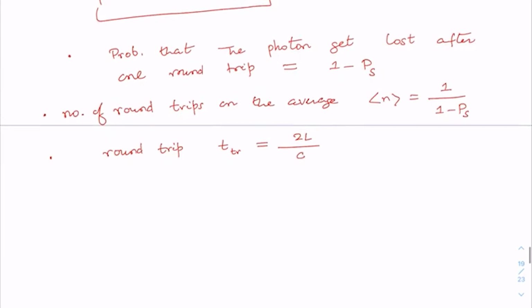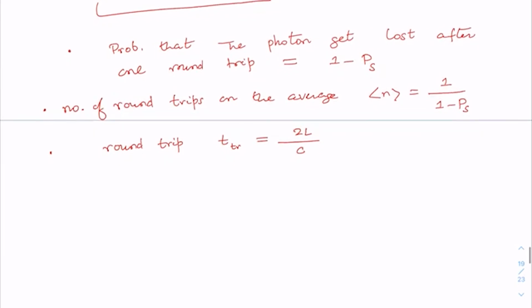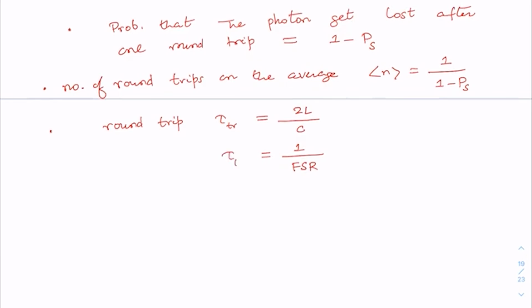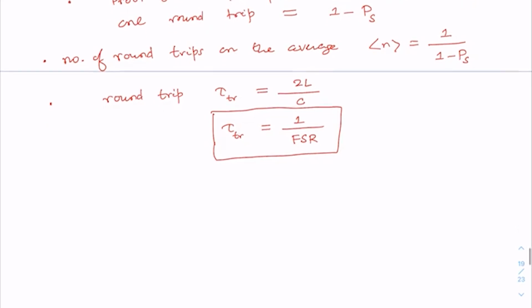Then the round trip time, which I will write as tau tr, would be 2L by c. In terms of free spectral range, we can write it simply as 1 divided by free spectral range, because c by 2L is the free spectral range. This is an important quantity: the round trip time of the photon.